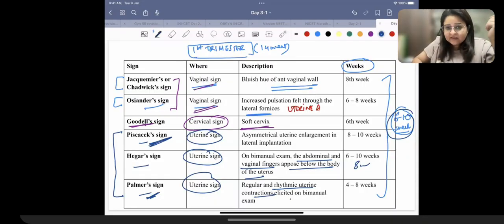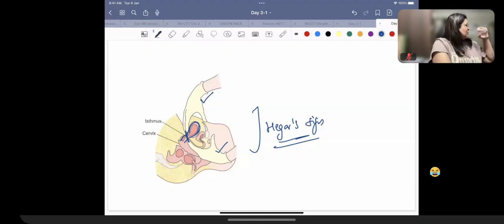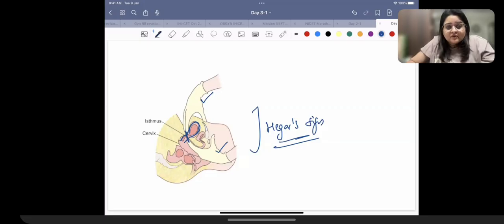And there is one Piskacek sign. Okay, sorry.